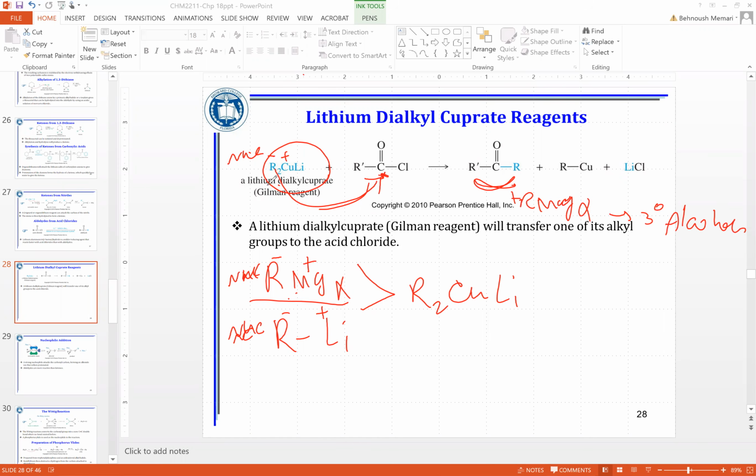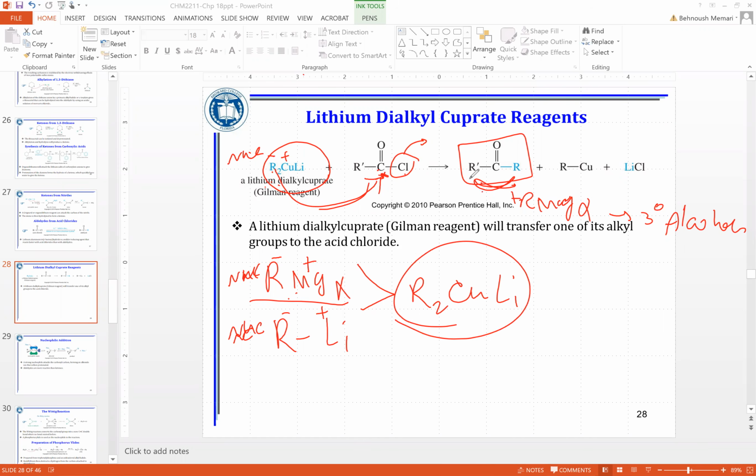But if you use Gilman reagent, nucleophile comes in, leaving group would leave. So you get one of the R groups replacing the chlorine, and now you have your ketone. Because Gilman reagent is weaker than Grignard, it will stop in the first step of substitution.